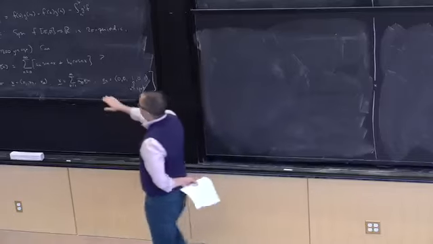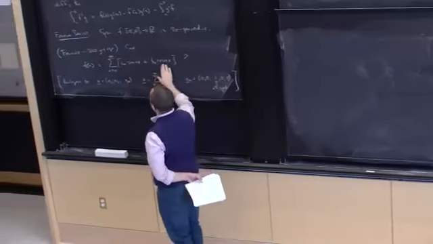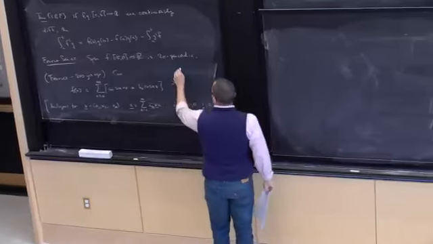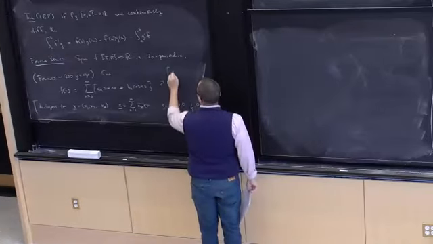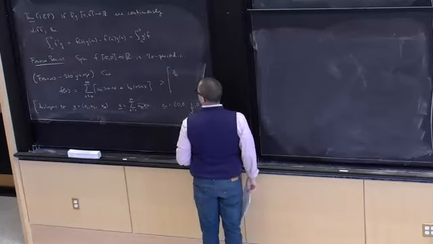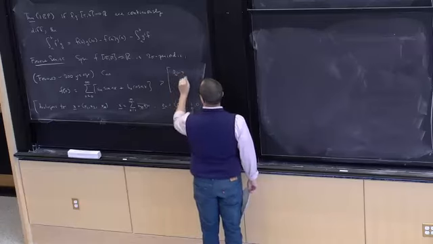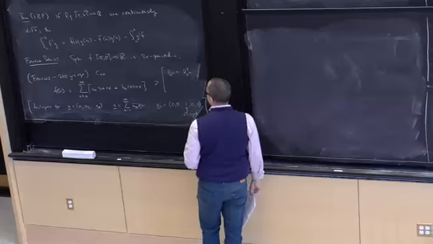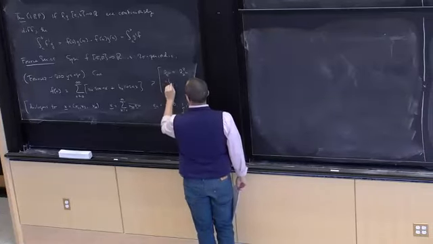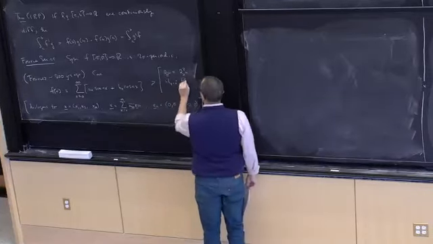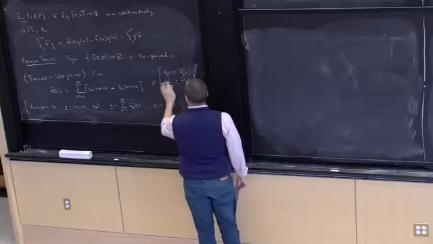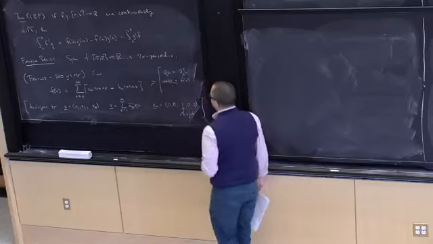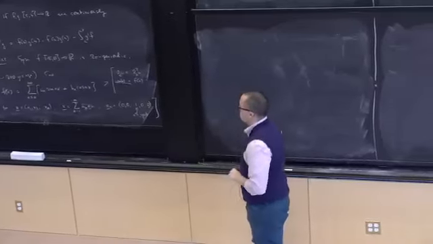But these components arose in a natural way if one were to study the problem of heat transfer, which is governed by the equation partial t of u equals partial x squared of u, along with an initial condition that u of 0, x, so at time 0, equals f of x. Okay?